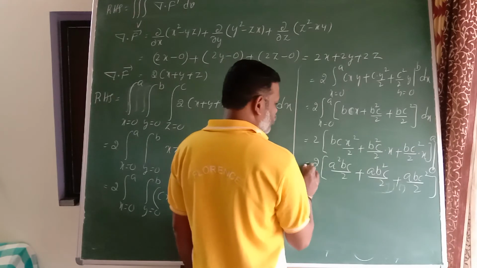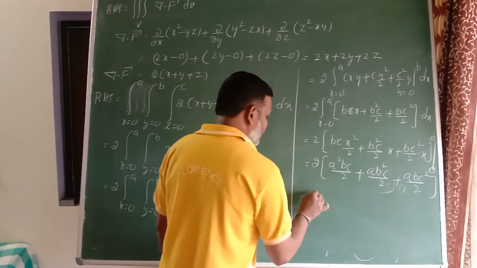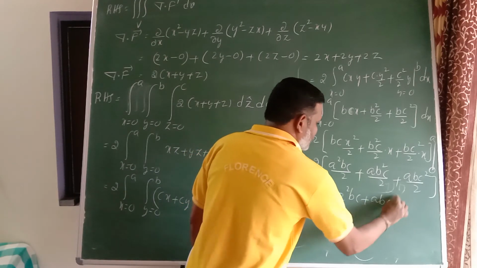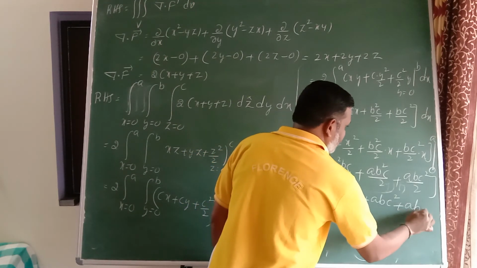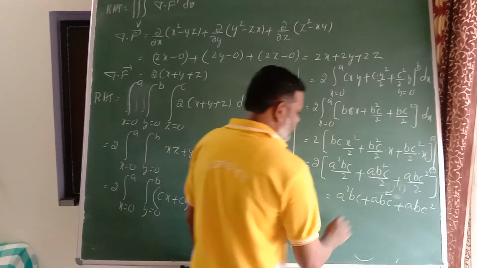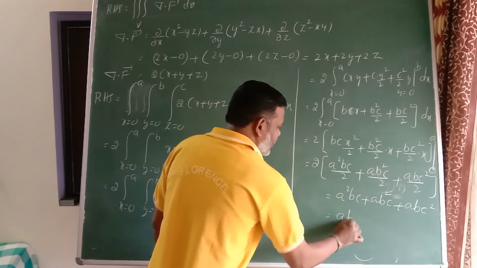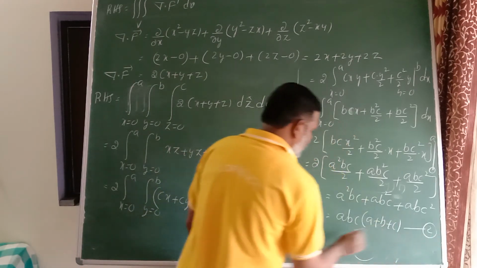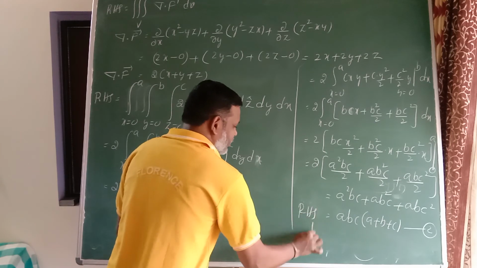Now if you multiply by 2, the 2 cancels in all three terms. The remaining is a square bc plus ab square c plus abc square. From all these you can take abc as common, and the remaining is a plus b plus c. That is 2. This is the RHS.